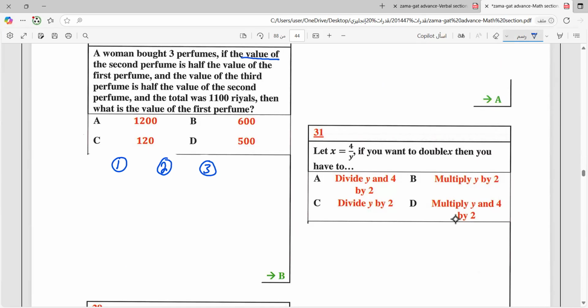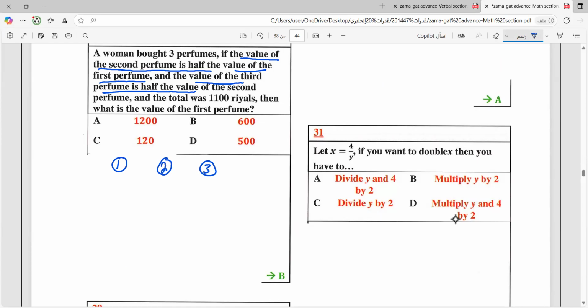The value of the second perfume is half the value of the first perfume, and the value of the third is half of the value of the second. And the total is 1,100.